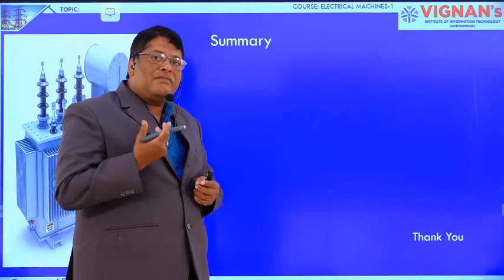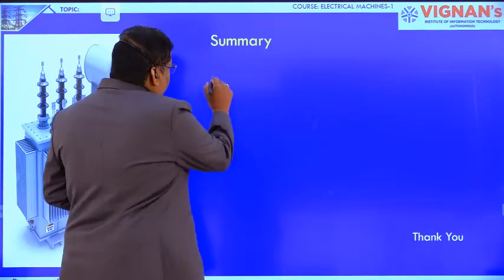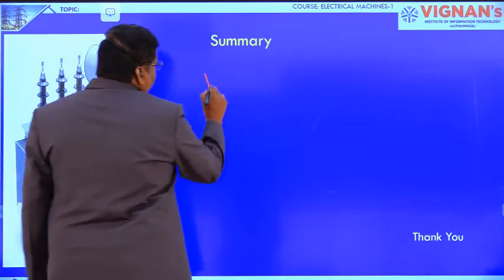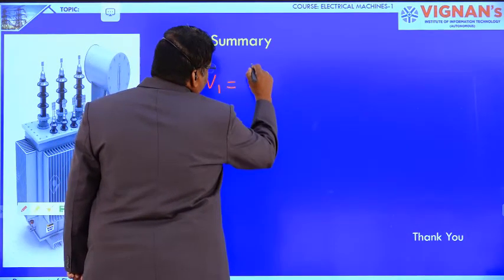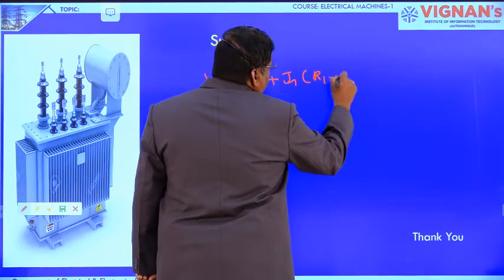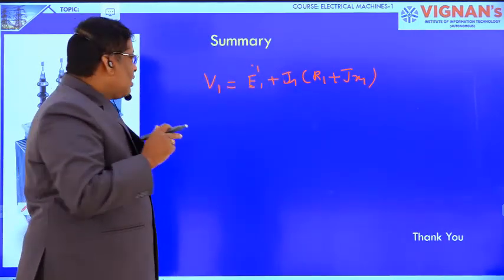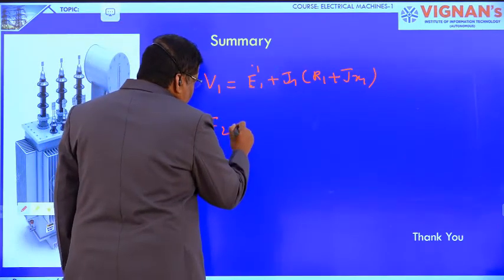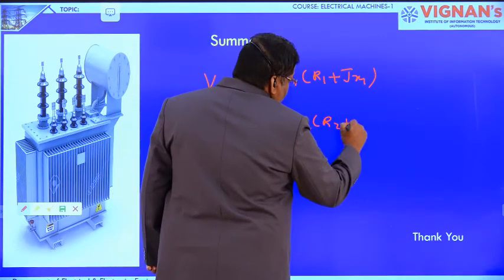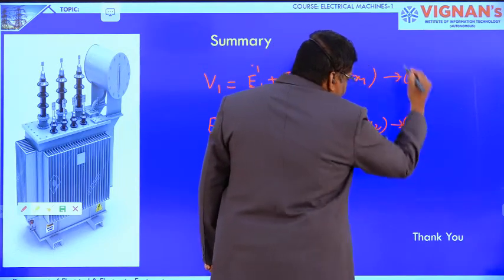The equation for the primary winding is V1 equal to E1 dash plus I1 into (R1 plus jX1). This is the equation representing the primary winding. In the same manner, at the secondary we got E2 equal to V2 plus I2 into (R2 plus jX2). This is the equation representing the secondary side.